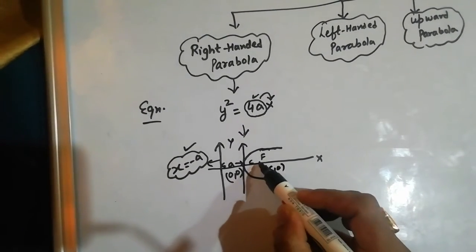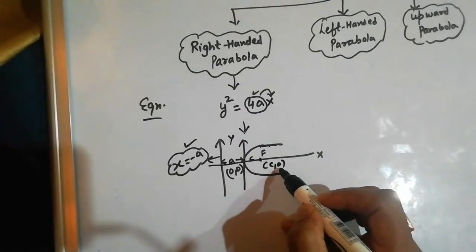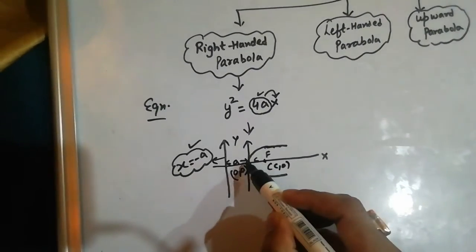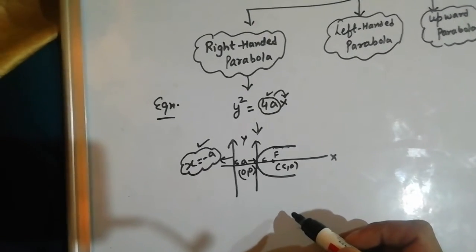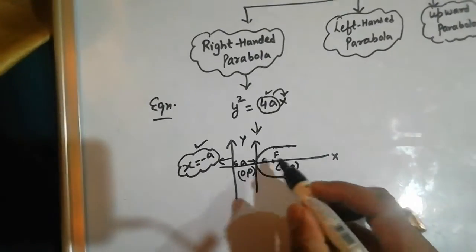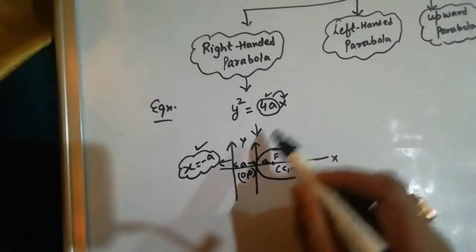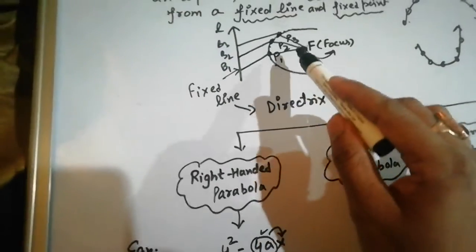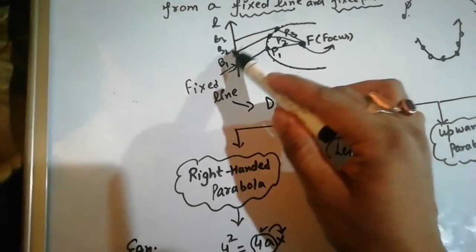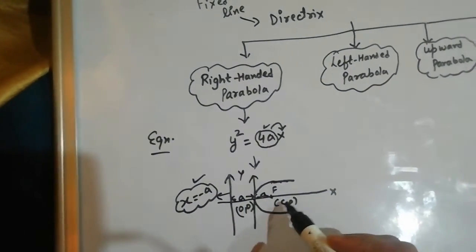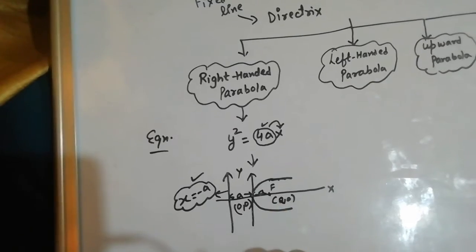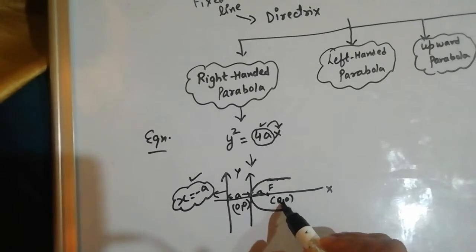So the coordinates of the focus are (c, 0), and the equation of the directrix is x equal to minus a. Because the distances are the same, c is equal to a. So here I am considering this distance is also equal to a, so the coordinates are (a, 0).